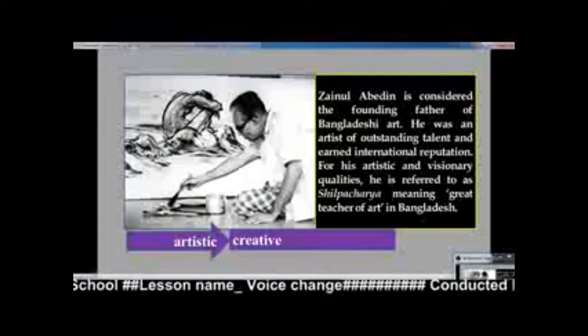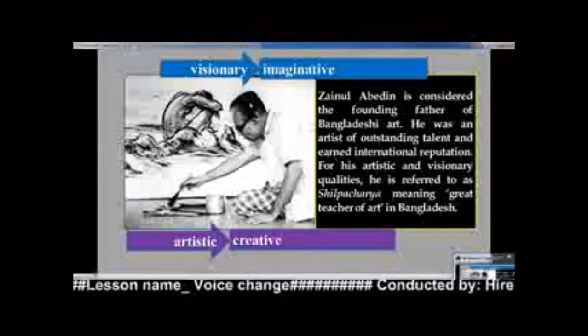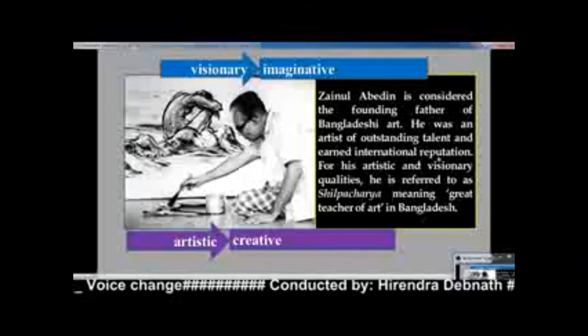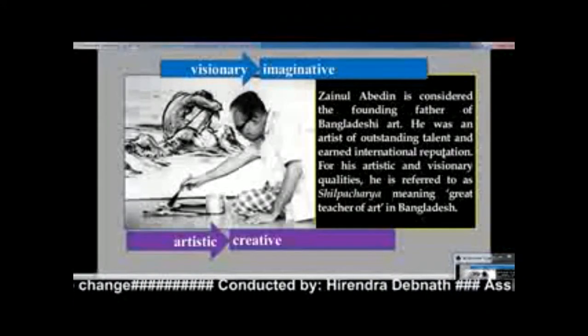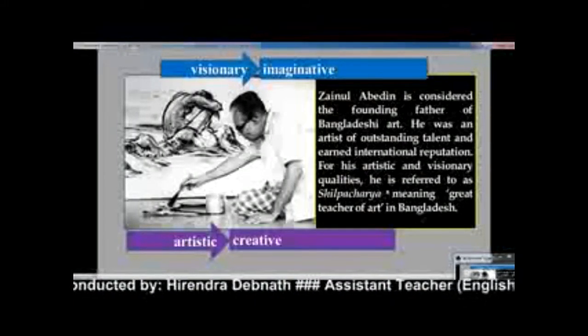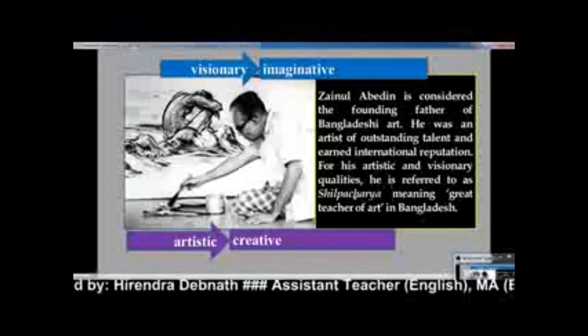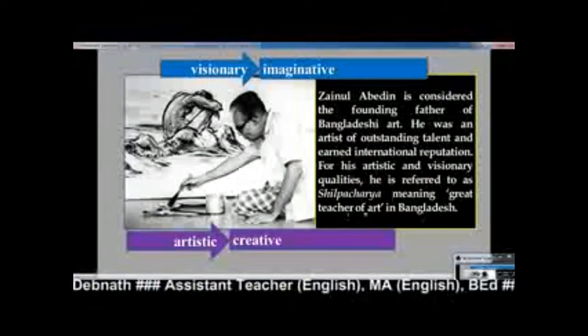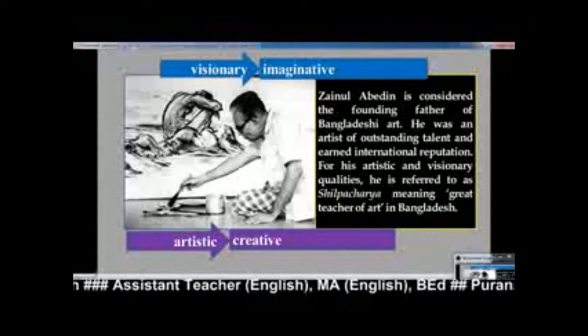Dear learners, artistic means creative, visionary means imaginative. That means he was very creative and he had so much imagination. For his artistic and visionary qualities, he is referred to as Shilpacharya. Shilpacharya means the great teacher of art in Bangladesh.